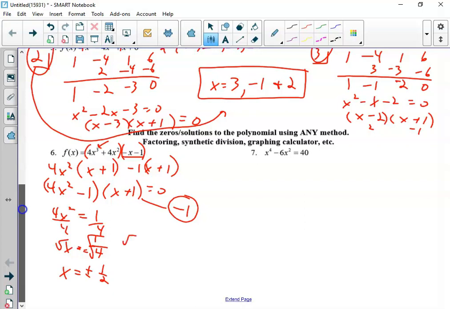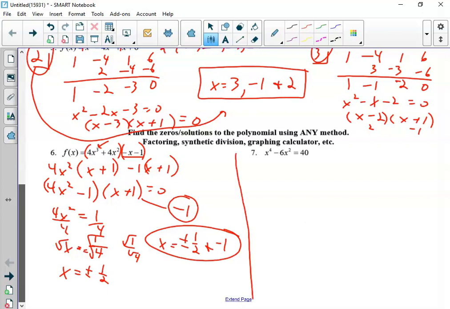Why is that? Because it's the square root of 1 over square root of 4. Square root of 1 is 1, square root of 4 is 2. So my 3 answers are x equals plus or minus 1/2 and negative 1. I can put that in the graphing calculator. The only one I'm going to see in the table is negative 1, unless I change my settings to include halves. And then all 3 would be there.